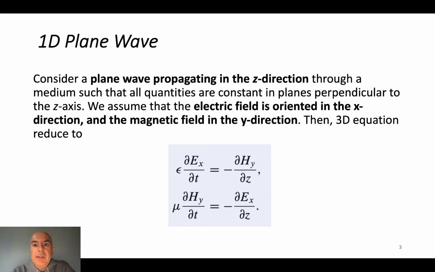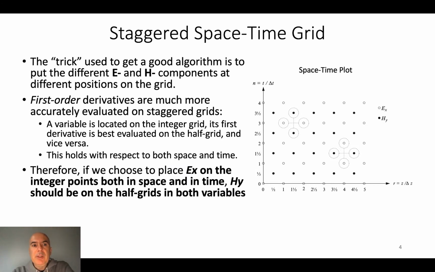We assume that the electric field is oriented in the x direction and the magnetic field in the y direction. In this particular case, the 3D equations reduce to a one-dimensional equation that is the one in these slides. As you can see, we have first-order equations, and we have this coupling between the two equations.